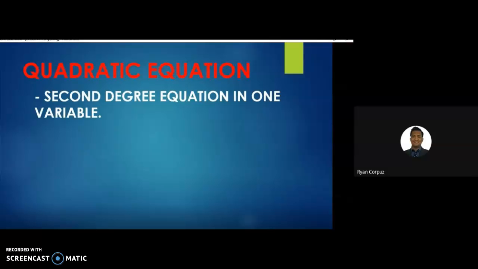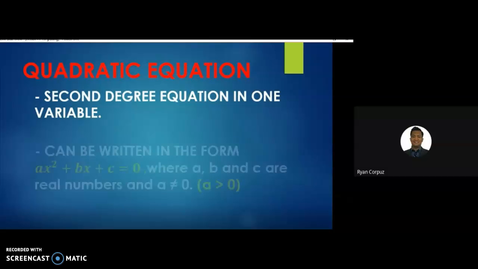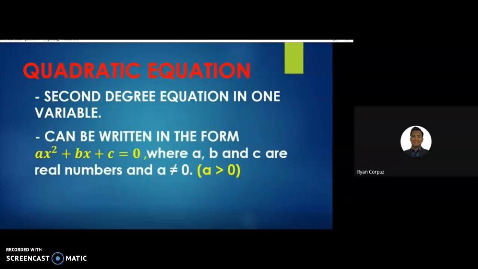involve two variables. So again, the first definition of quadratic equation is that it is a second degree equation in one variable. A quadratic equation is an equation that can be written in the form ax squared plus bx plus c is equal to 0, wherein a, b, and c are real numbers and a must not be equal to 0.